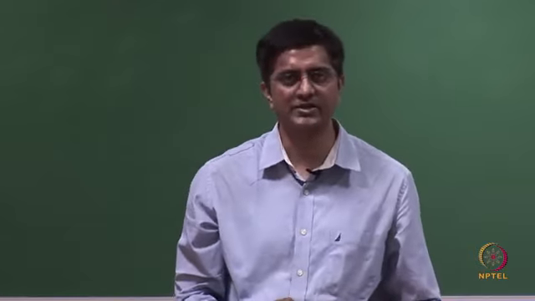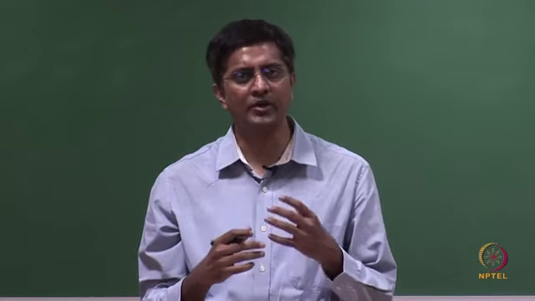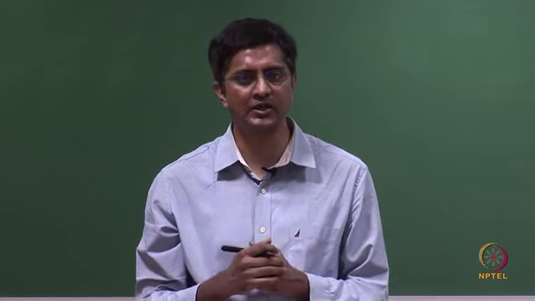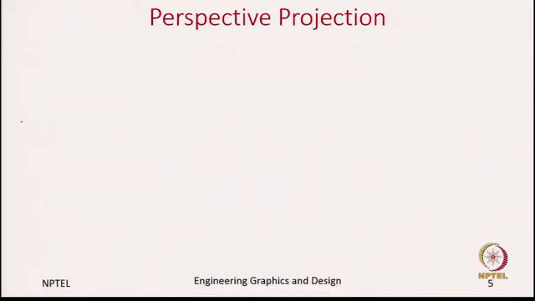So, let us get started. As you can see, there are several possibilities, but we will be looking at 4 important projections which are commonly used in engineering drawings. We will start with the perspective projections.